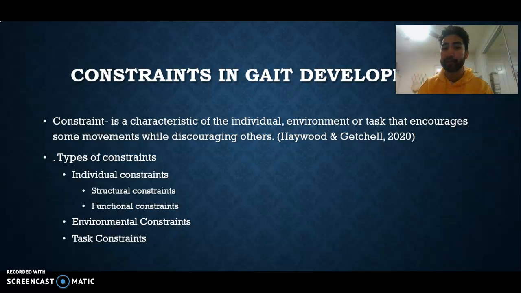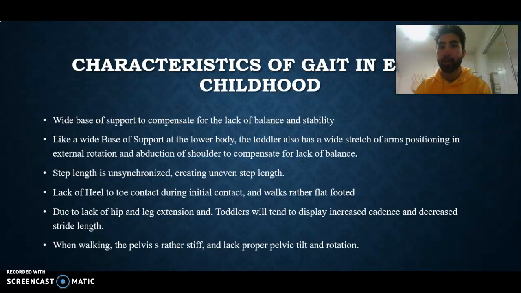Types of constraints could fall in different categories, but the main ones I'll be talking about are individual constraints, which could be subdivided into structural constraints and functional constraints. There are also environmental constraints and task constraints. Again, I'll be going over it in a little more detail later in the PowerPoint.